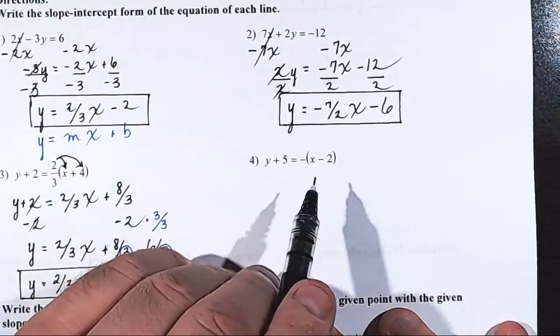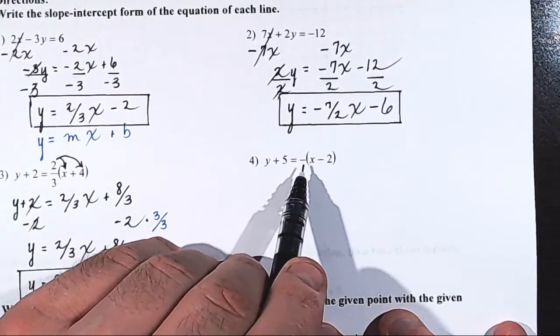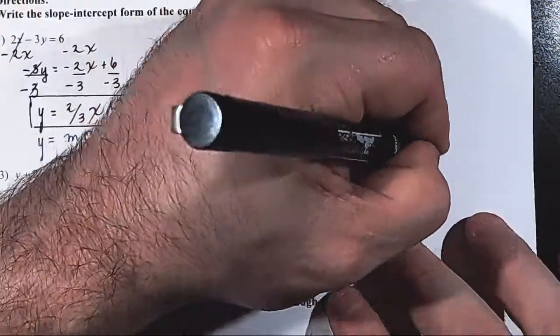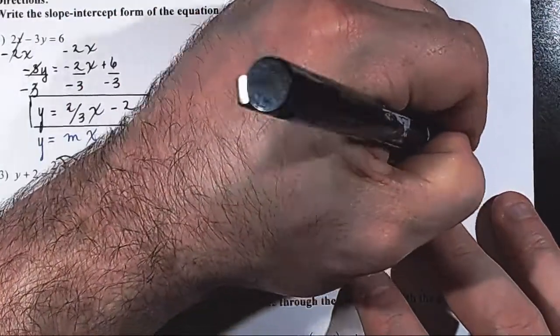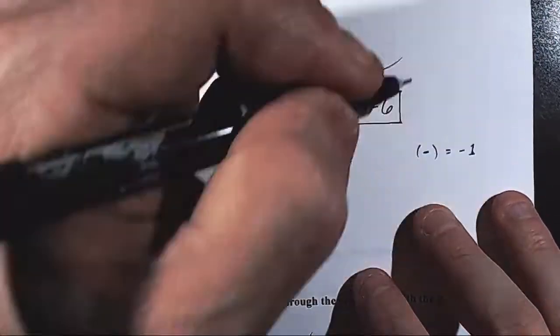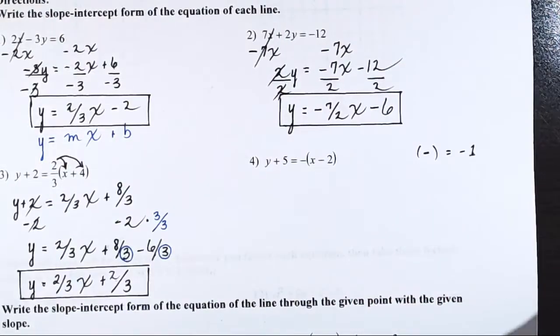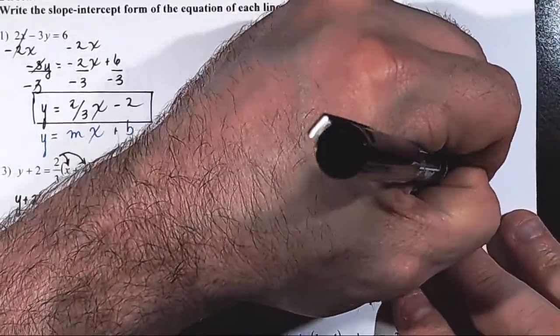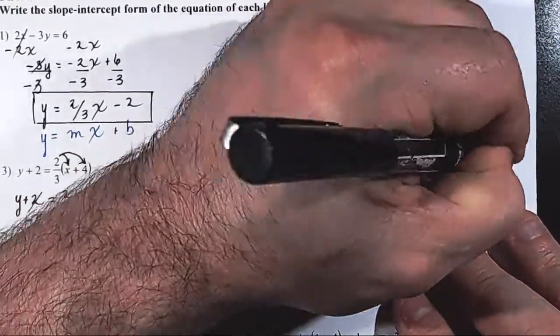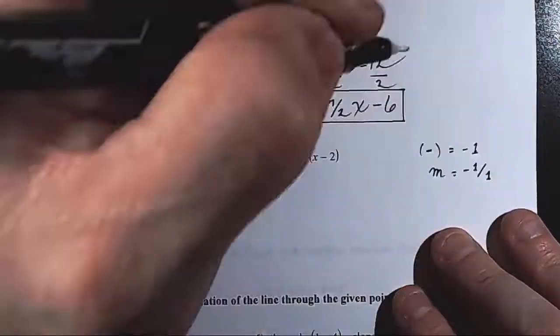Number 4, your slope is -1. Use this negative symbol out here by itself. That equals -1. So the rise is -1 and the run is 1. So m, just so you understand, m equals -1 over 1.